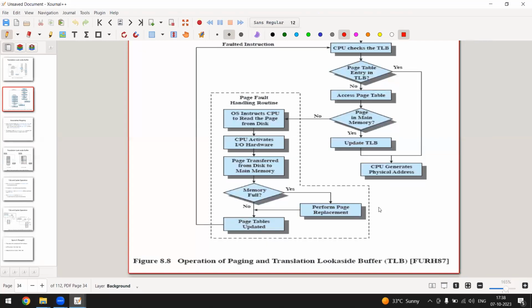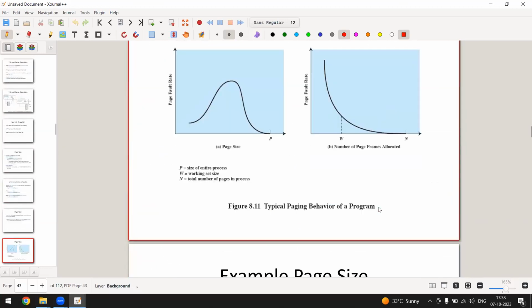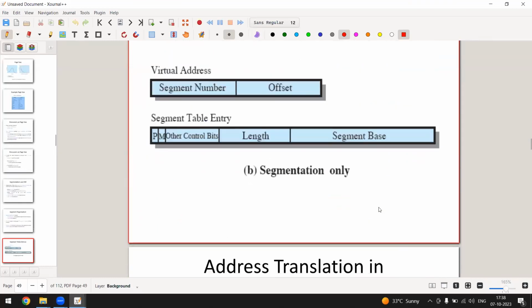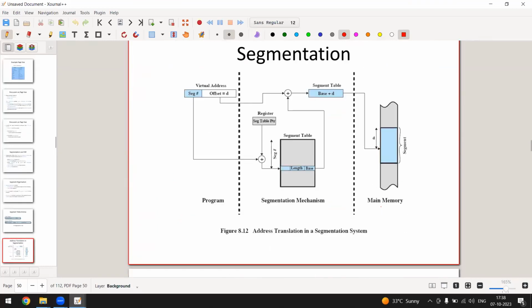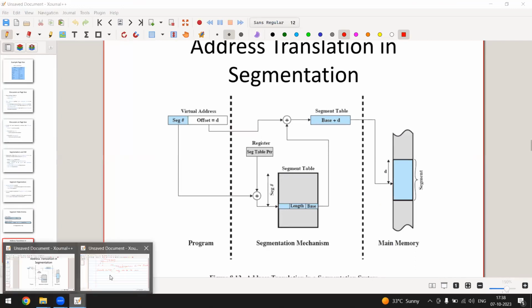It's kind of an overview. And the last topic in the last lecture, we have seen the combined approach of segmentation and paging. In this combined approach, the process was divided into unequal size segments.